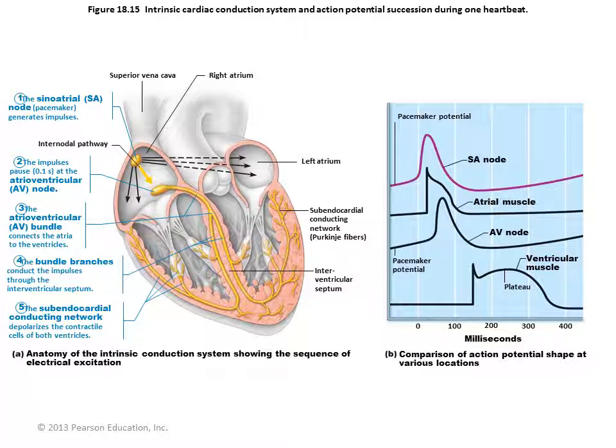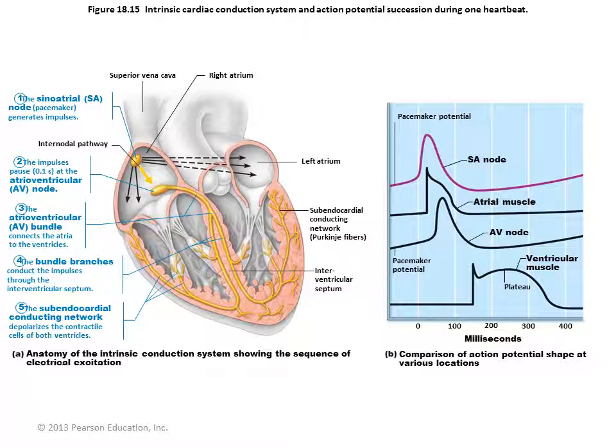AV node in the inferior interatrial septum delays these impulses approximately 0.1 second because fibers are smaller in diameter and have fewer gap junctions, which allows atrial contraction prior to ventricular contraction.